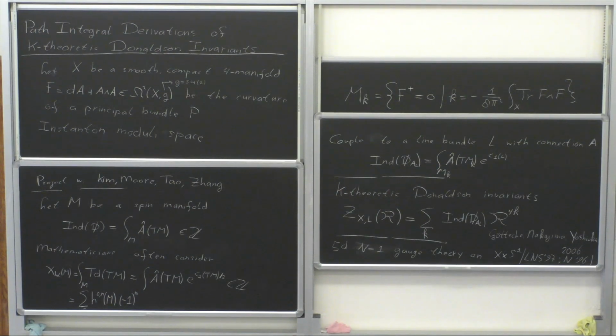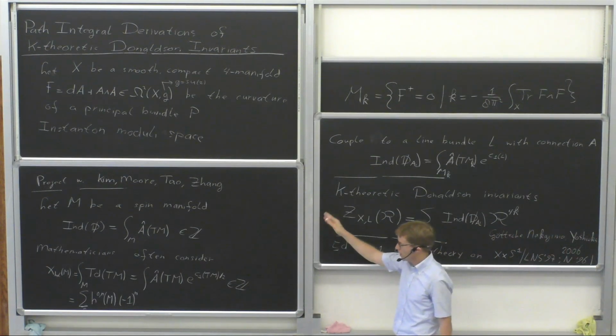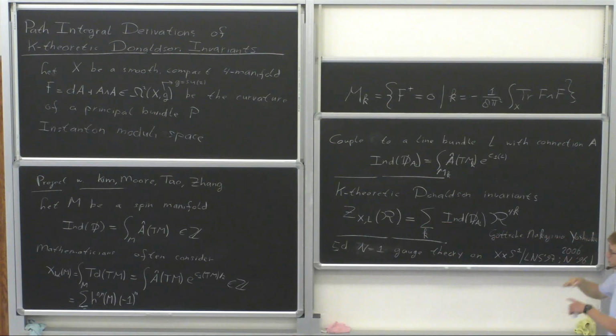So indeed, for this class of surfaces, explicit results are feasible in the mathematical literature. For more general four-manifolds, this is usually not the case. On the other hand, the physical analysis does not require this restriction to algebraic surfaces. So what I will be talking about, you can do for arbitrary smooth compact four-manifolds.